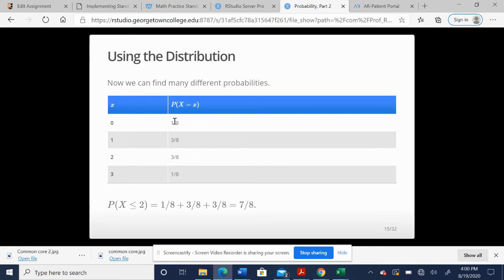So 1/8 plus 3/8 plus 3/8 gives 7/8 probability that I would get 2 or less heads in a 3-coin flip. So that should make sense then, that the only probability left is for 3 heads, because that's the only outcome that does not fit into here.